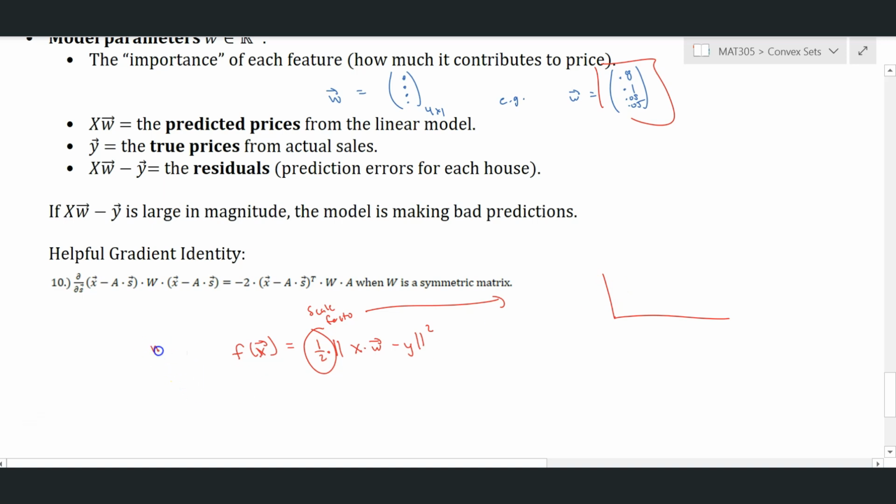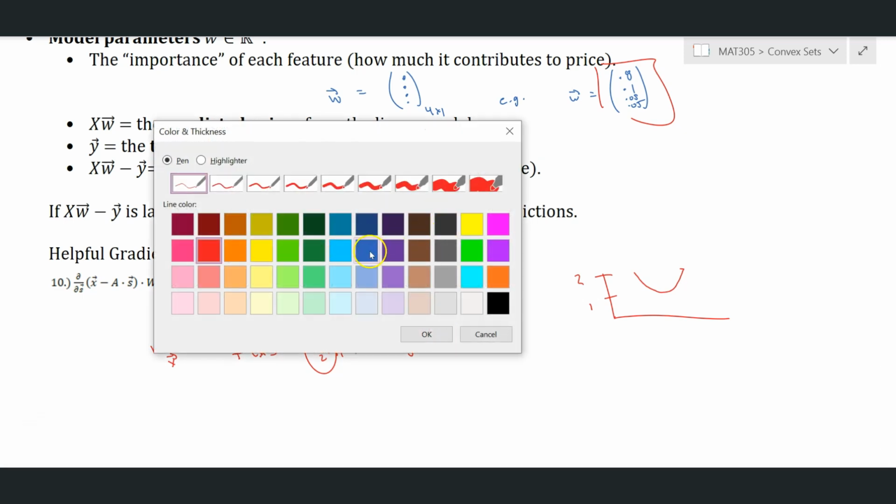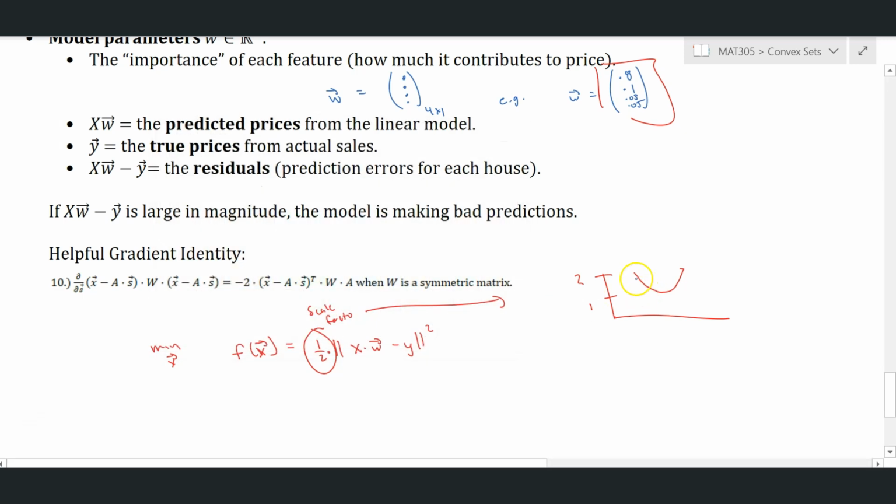Because remember, we're going to want to minimize f of x over the domain. And so if you take a function that maybe looks like a parabola, well, if you were to simply cut those values in half, it would just bump this point down to half of itself and this point down.